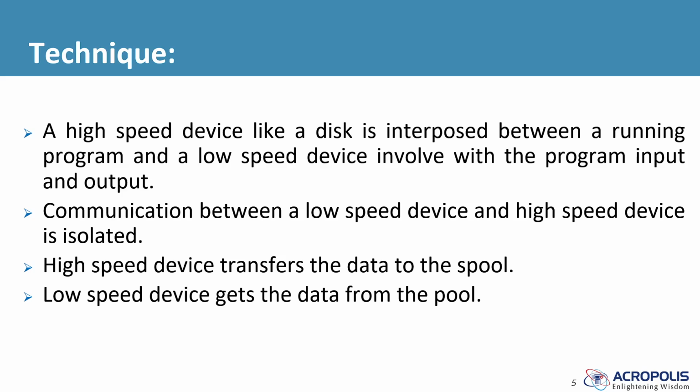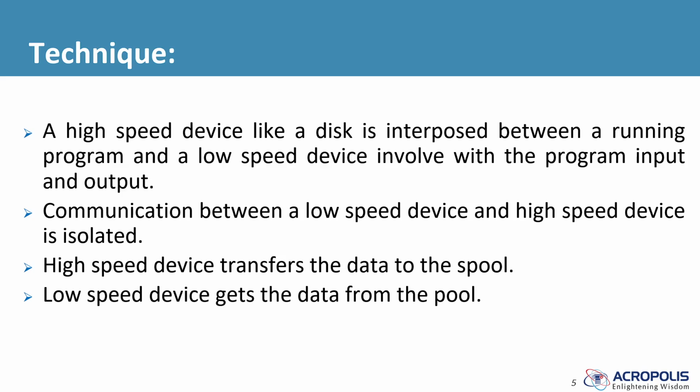So a high-speed device like a disk is interposed between a running program and a low-speed device involved with the program input and output. So generally the basic idea of spooling is just to reduce the time that is taken by the CPU and input devices and output devices. So it just reduces the time.